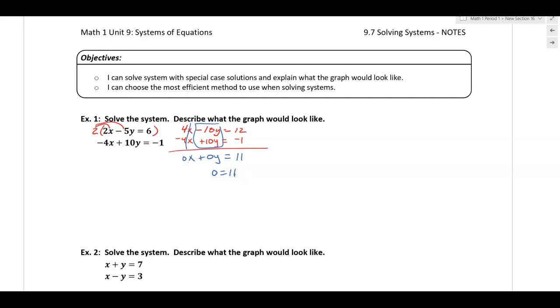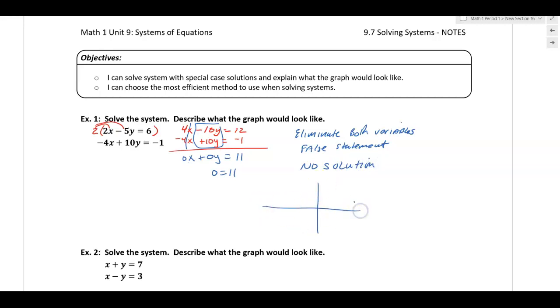If you solve the system and you eliminate both variables, number 1, and number 2, you end up with a false statement at the end. What that tells you is there is no solution to this system.